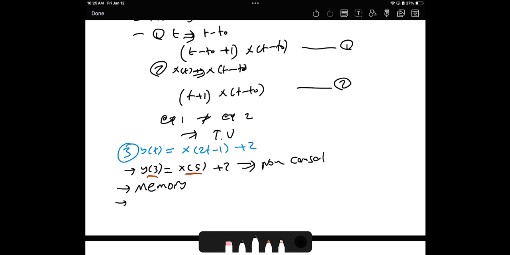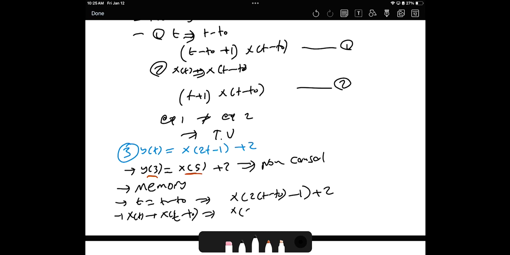Then the third thing is to apply the test, which is substitute t minus t0, so it's going to be x of 2t minus t0, minus 1 plus 2. And the other thing, replace x of t by x of t minus t0, so it's going to be x of 2t minus 2t0 minus 1 plus 2.